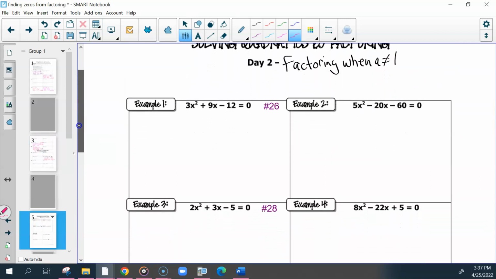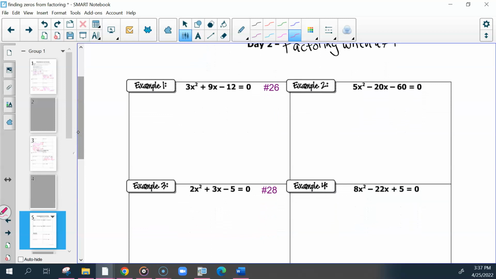Now, to do some factoring when A is not 1, we're just going to do a couple of these examples. Starting with the first example. Here we are looking for, well, scratch that. If you look at all of these, you can divide out by 3.